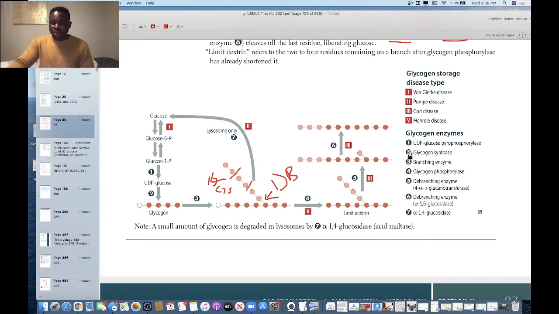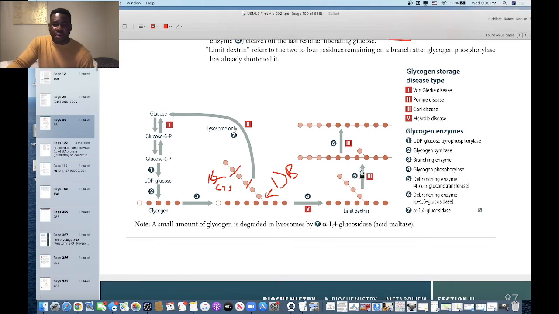Because there is a deficiency of these enzymes on the way. To make things more clear for you, first of all, we have an enzyme that adds glucose to the glycogen chain to make it longer. Second, that is what the 1,4 will form, this bond.